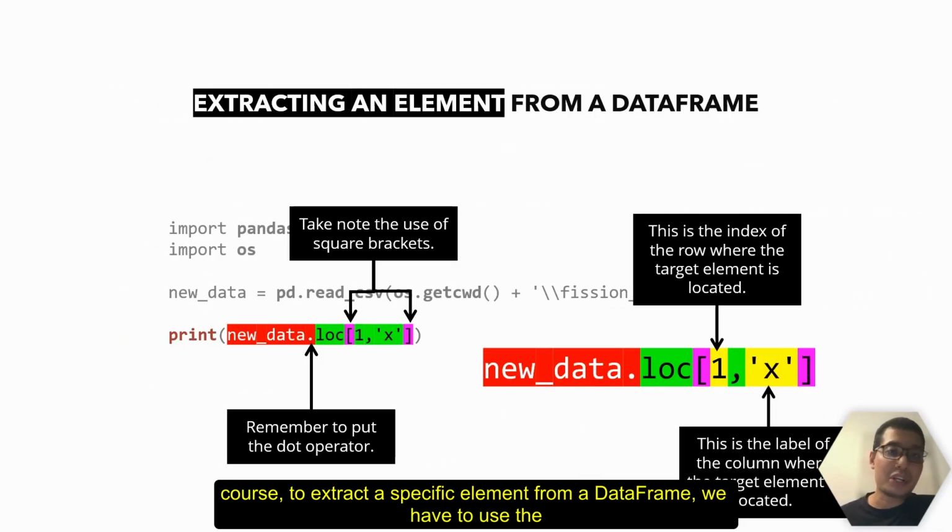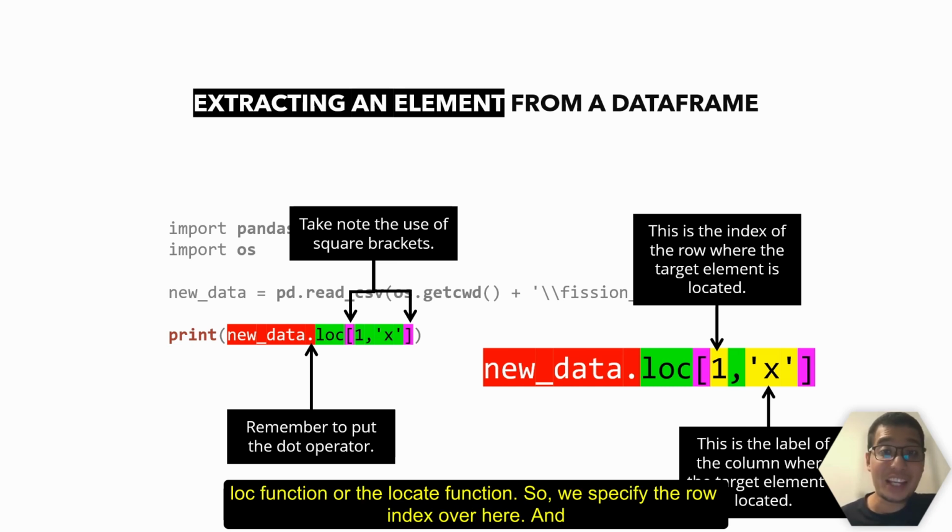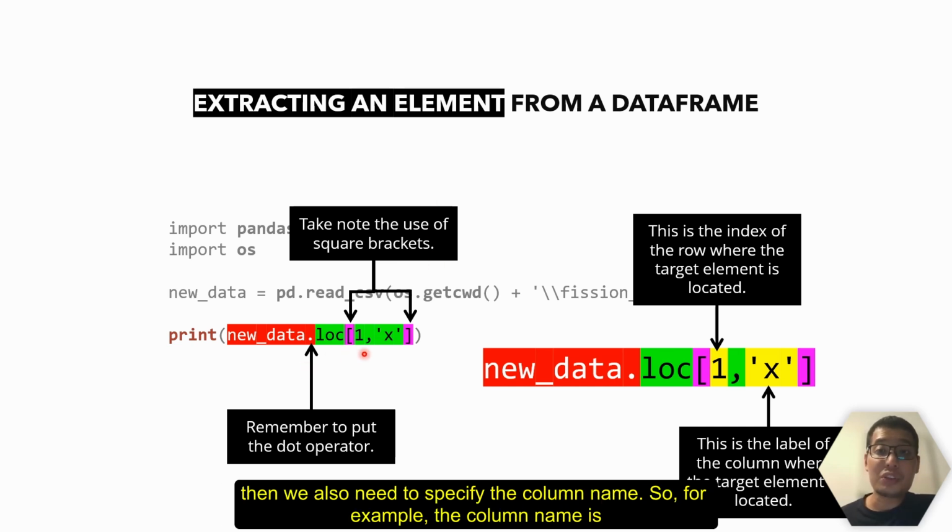Of course, to extract a specific element from a data frame, we have to use the LOC function, or the locate function. So we specify the row index over here, and then we also need to specify the column name.